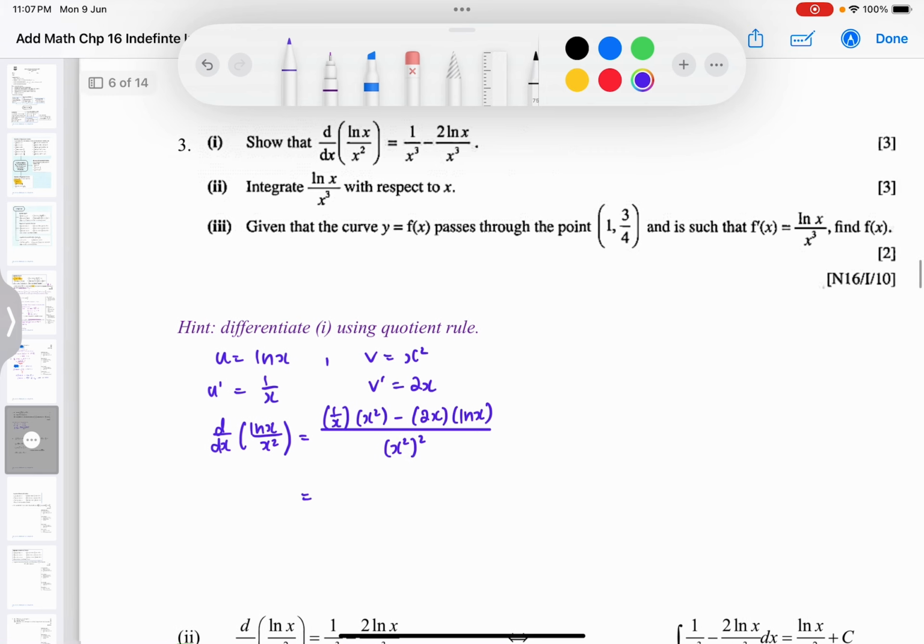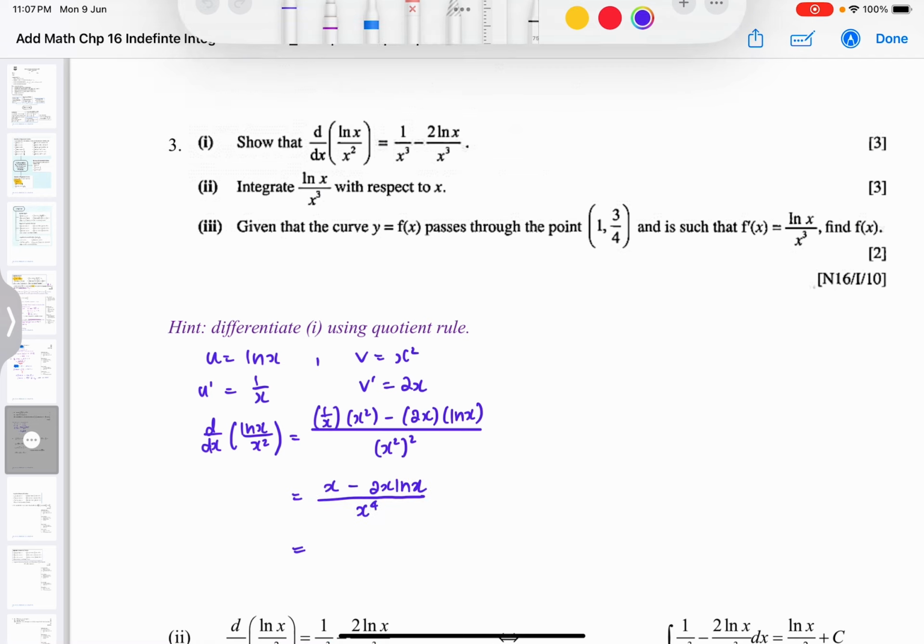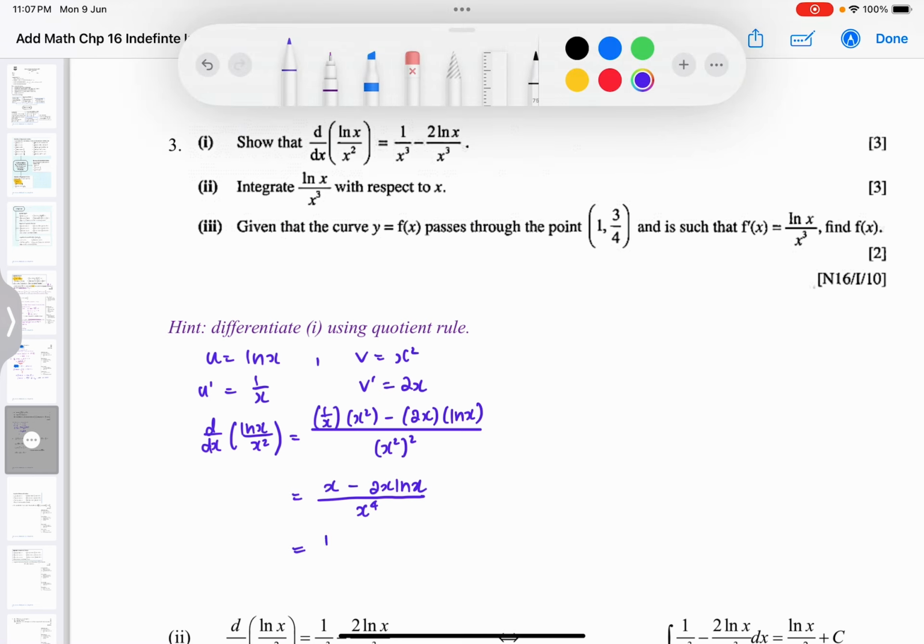So this will be simplified to x minus 2x ln x over x to the power of 4, which I can then divide the common factor of x away to give me the answer.